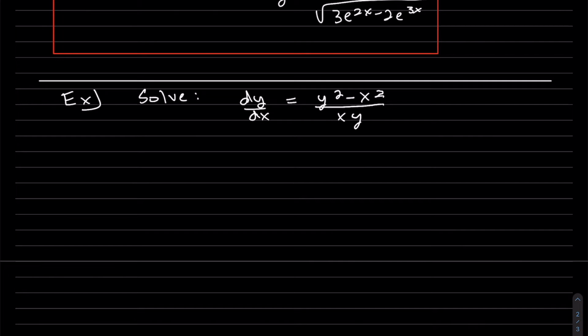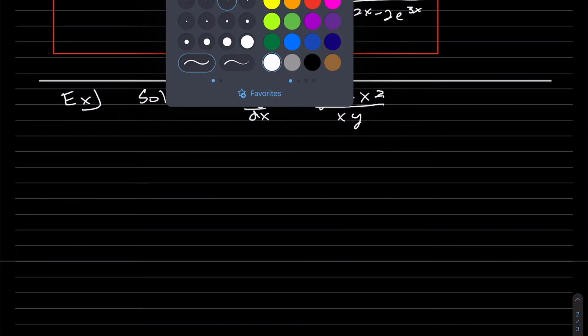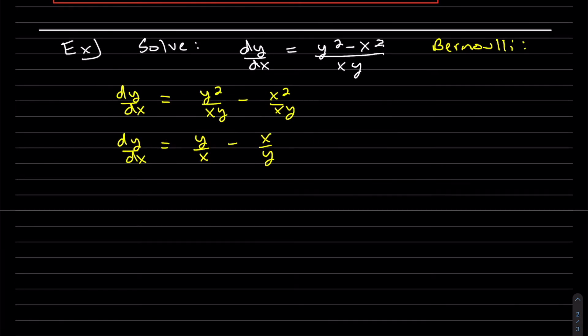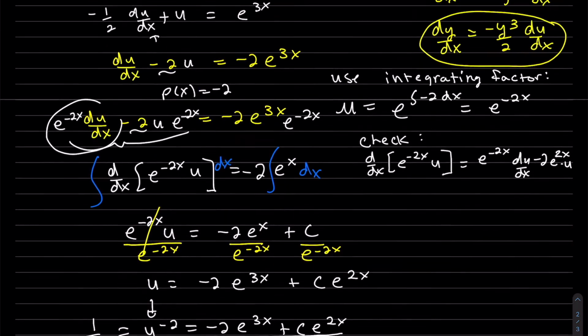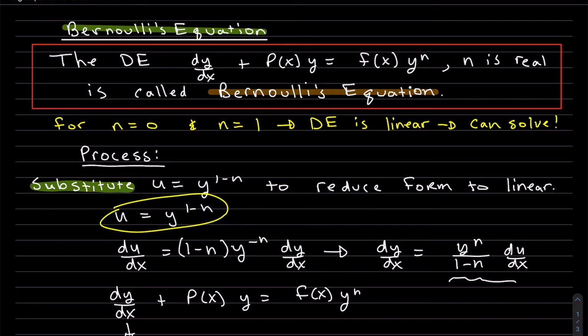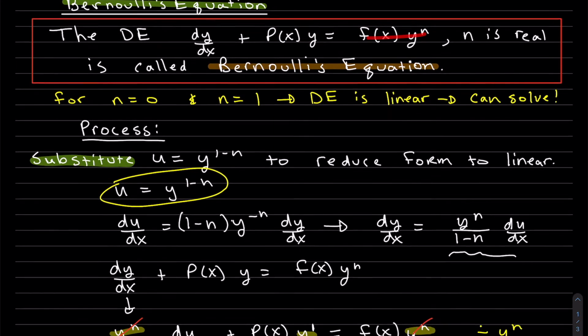Okay, so we want to solve this. There's actually more than one way to solve this, but we're going to use Bernoulli since we just learned it. So we have to get it in the right form. So remember, in case you've forgotten already, the form we need is a linear term in y right here, and put everything else to the other side.